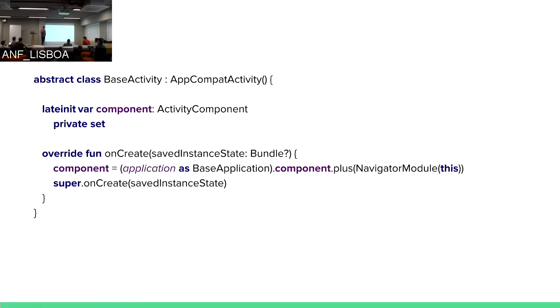And I don't want it to get created before I have the component, because our fragment will depend on that component. It will be a subcomponent of activity component. So I have to make sure the activity component is there, not null, or I will get a null pointer exception, before I call the super onCreate.